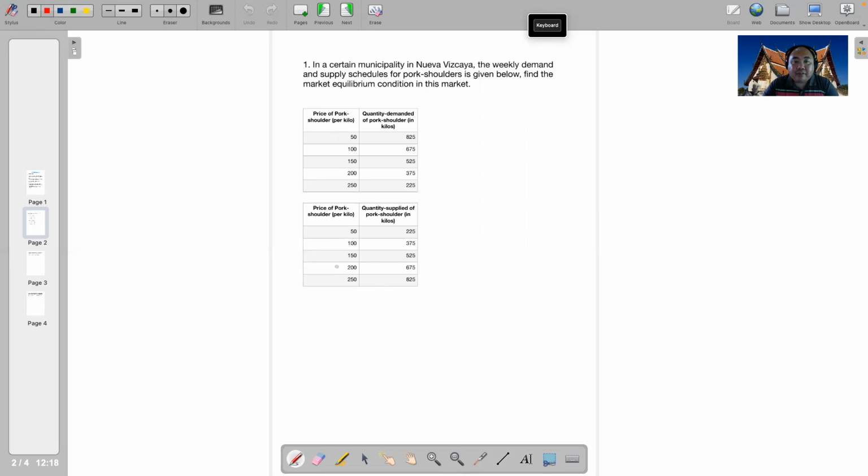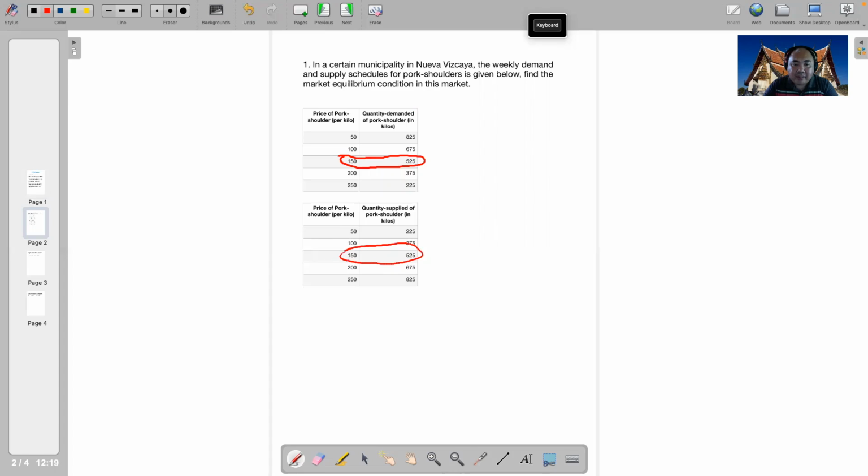At the price level of 250, we have a quantity demanded of 225 kilos of pork, but a quantity supplied of 825. So here we have an oversupply of pork shoulders. There are just too many suppliers willing to sell their pork shoulders, but too few buyers willing to buy them. It's easy to spot that the entry for 150 is the same.